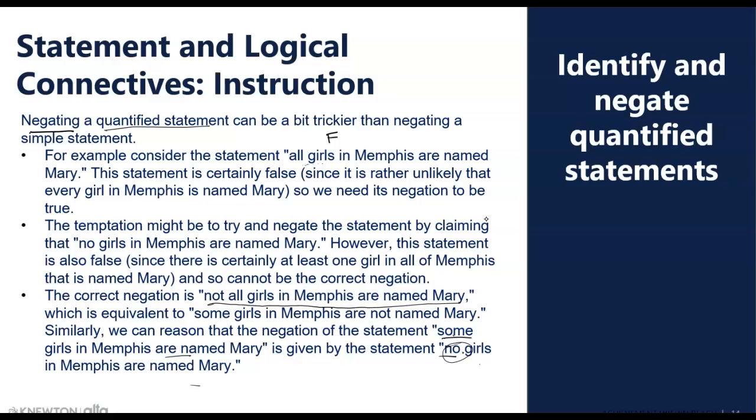If you say all are, you don't have to say all are not, because those could both be false at the same time. If you say all students in Math 140 are doing their homework, the opposite is not "all are not doing their homework." That's a false statement too.